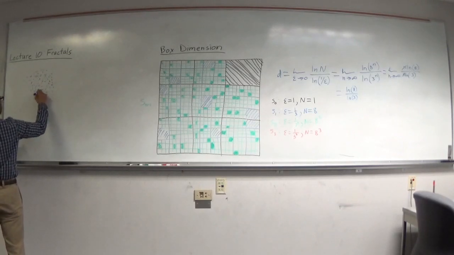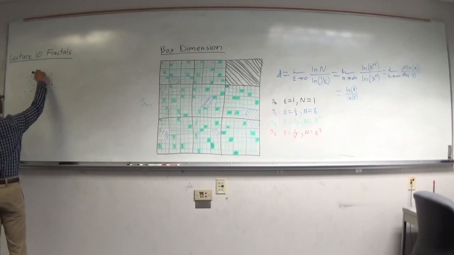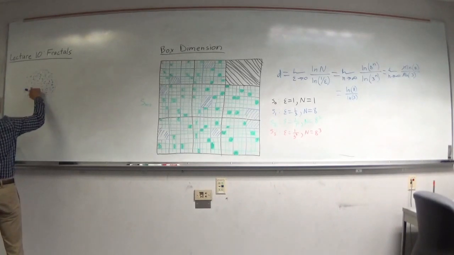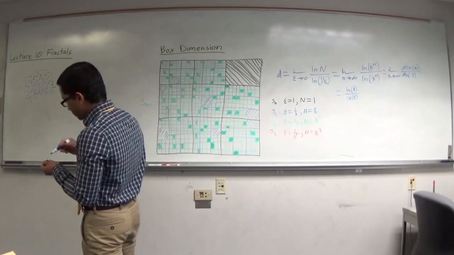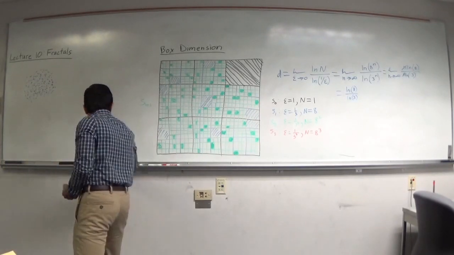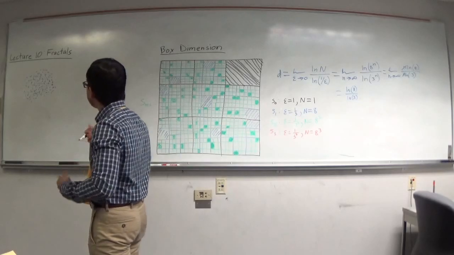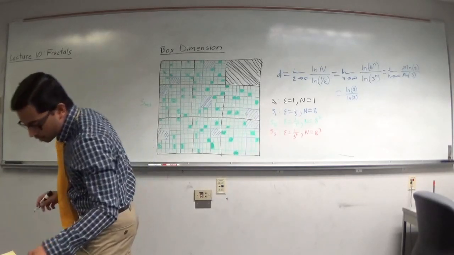So these are going to be iterates. And let's take some ball of radius epsilon.